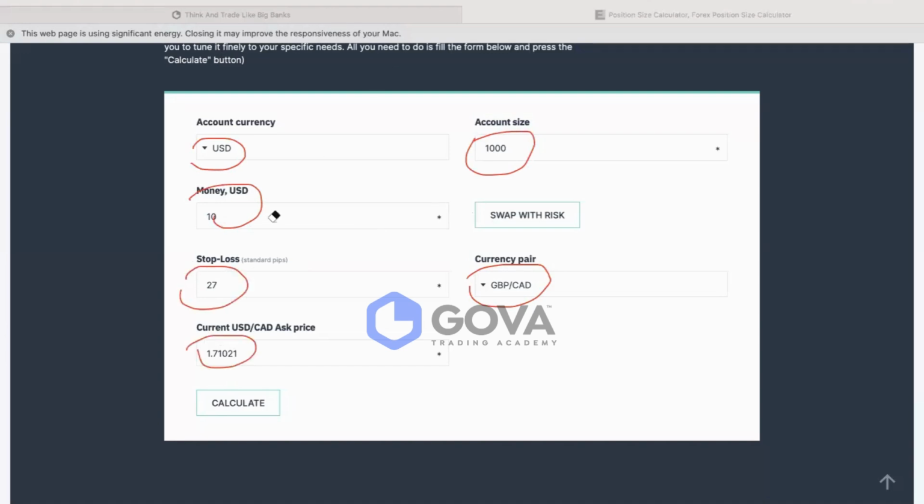you should be able to click on calculate. Click on calculate, so that the calculator can calculate the risk you should take by lot size. If I click on calculate, the calculator should give me the lot size to use on the trade.